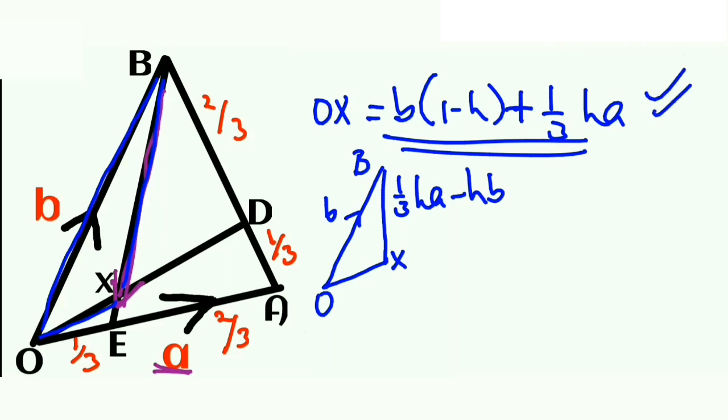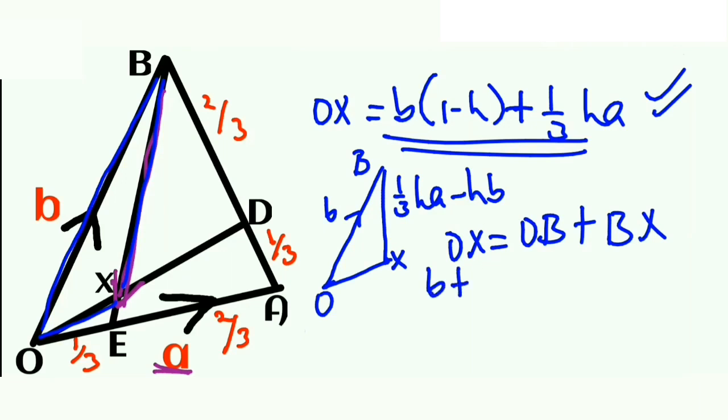From O to X, OX equals OB plus BX. Then OB is B, plus 1/3 HA minus HB.